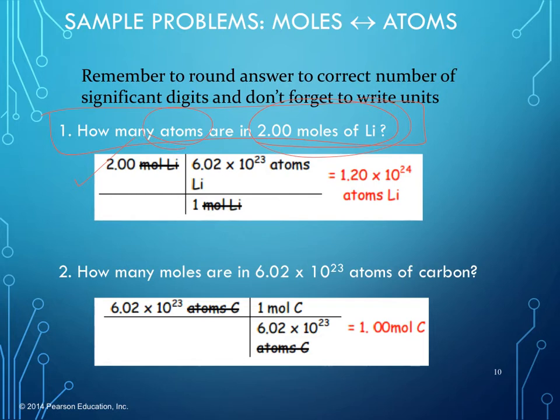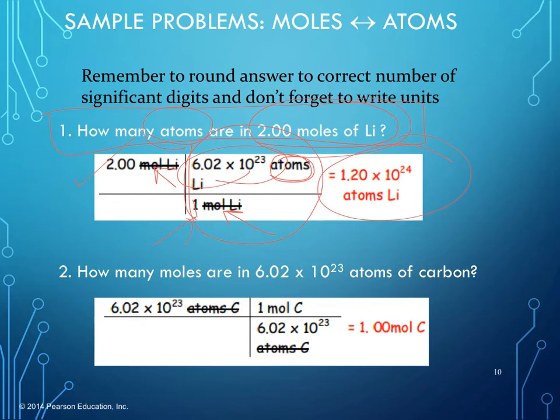Well, remember our rules. Whatever units are in the given information belong in the denominator of our conversion factor. So we know there's 1 mole. The number 1 always goes in front of mole. And on top, the units we're trying to get to, atoms. So 2 times Avogadro's number, 1.2 times 10 to the 24th.